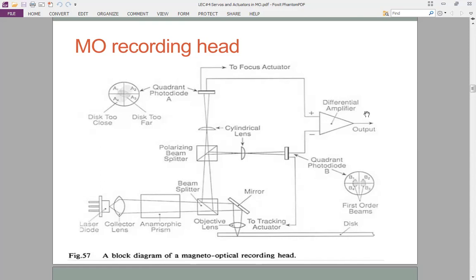It conveys whether there is an error or no error, and so on. So in this diagram, the important things here are the photodiodes and this objective lens, because this is what we are going to focus on so much when we are explaining the tracking servo and the focus servo.